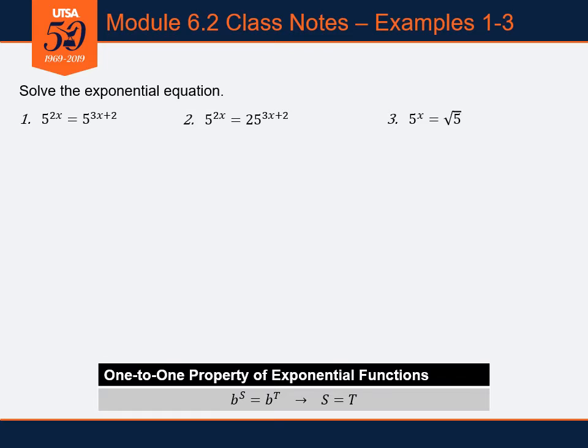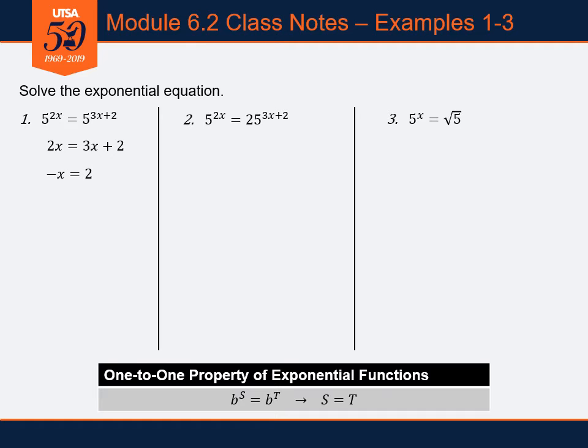So let's apply that up here in example 1. We have 5 to the 2x equals 5 to the 3x plus 2. We've got powers of 5 on both sides, so the powers must be equal to each other. 2x equals 3x plus 2. And just that quickly, we're down to an equation where we're just going to solve for x.